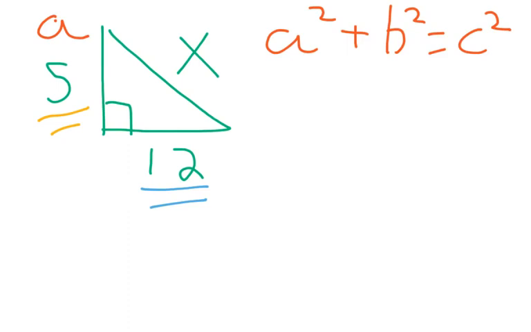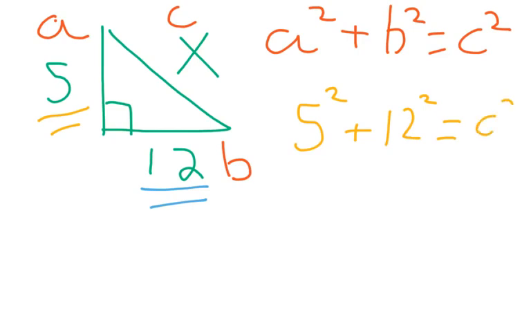And I said 5 is A, 12 is B, and the number I don't know is going to be C. So where A is, I'm going to put my 5. Where B is, I'm going to put my 12. And I don't know what C is.